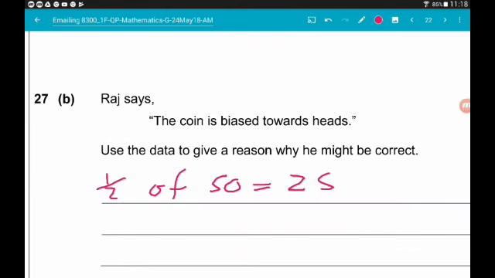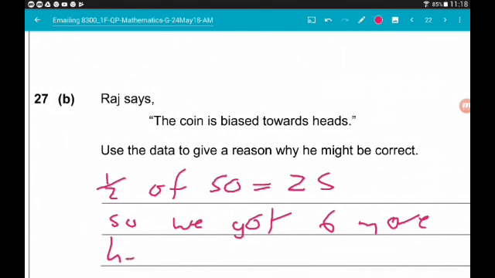So we could say that we got 6 more heads than expected. So anything along those lines and you would be golden.